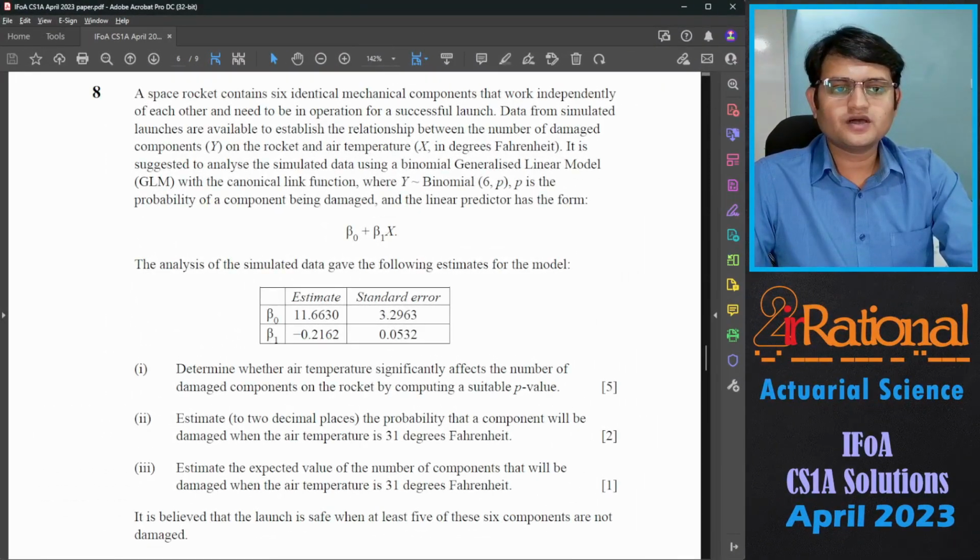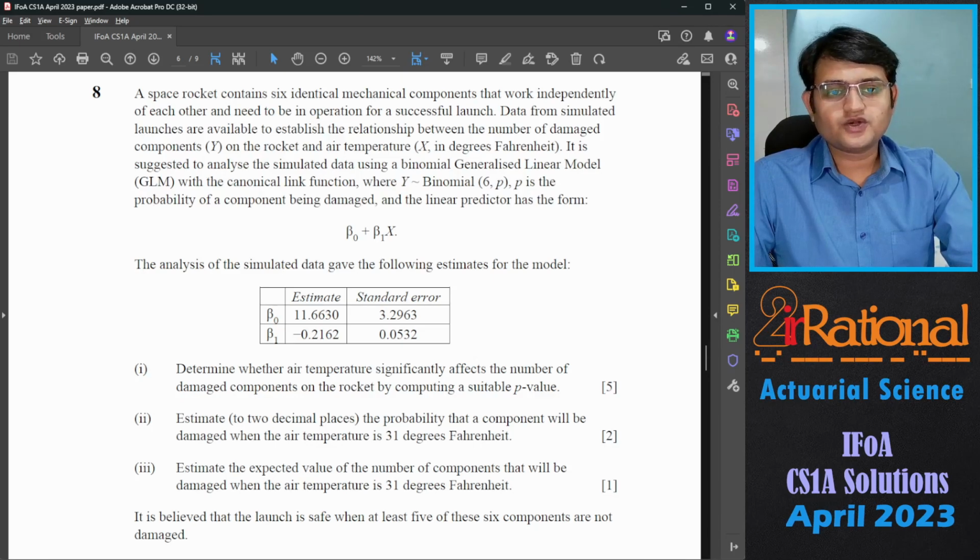Question number 8. A space rocket contains 6 identical mechanical components that work independently of each other and need to be in operation for a successful launch. Data from simulated launches are available to establish the relationship between the number of damaged components y on the rocket and the air temperature x in degree Fahrenheit.